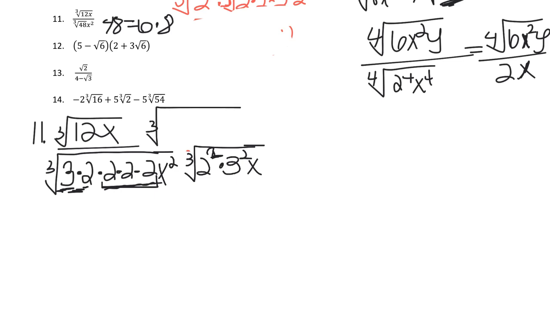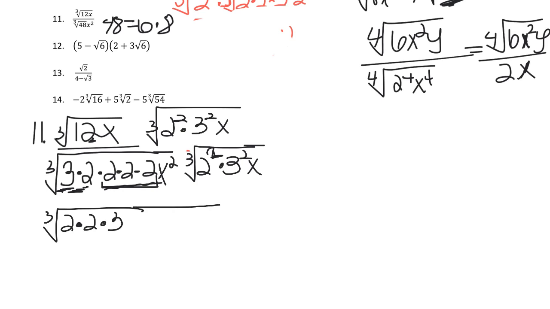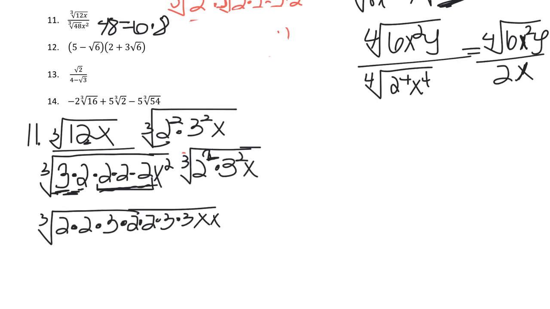So I'll multiply by the same thing on the top, 2 squared times 3 squared times x. In the top, I'm going to break 12 down to 4 times 3, which is 2 times 2 times 3. There's my 12. And then I have 2 times 2 for this 2 squared, 3 times 3 for this 3 squared, and x, because I have this x and this x.